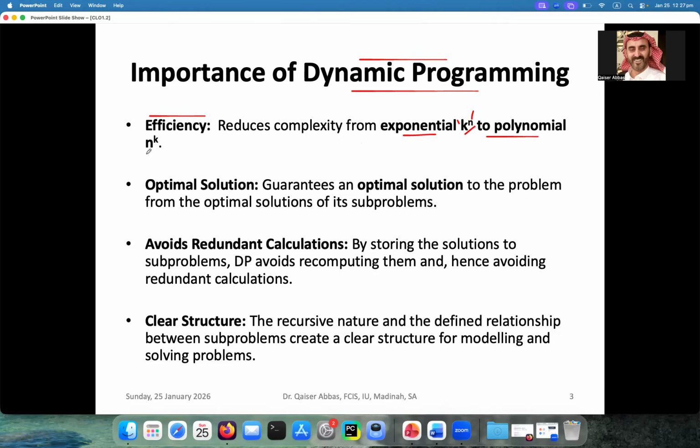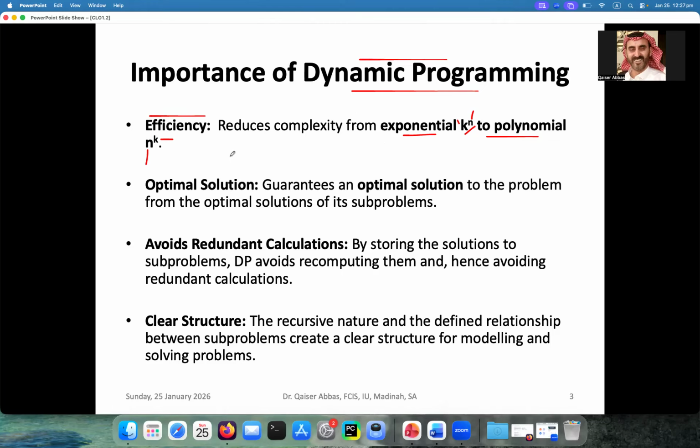In polynomial, n is the size of the input and k is constant. If you compare 2 raised to the power n and n raised to the power 2, you can understand which one is higher. So the first thing is that DP reduces the complexity from exponential to polynomial.